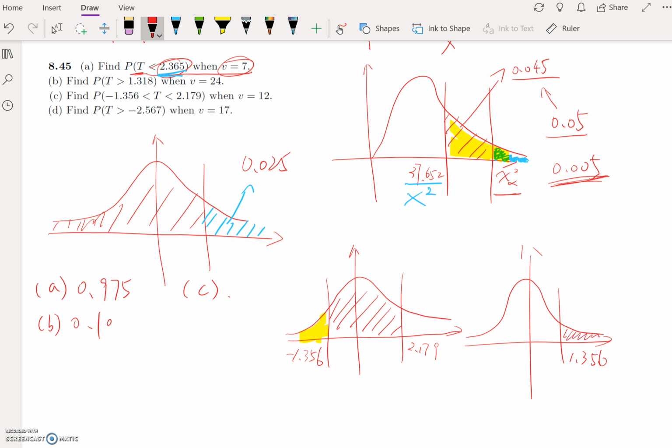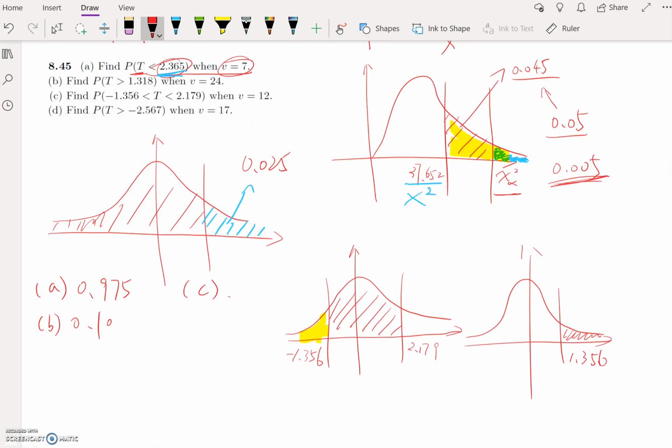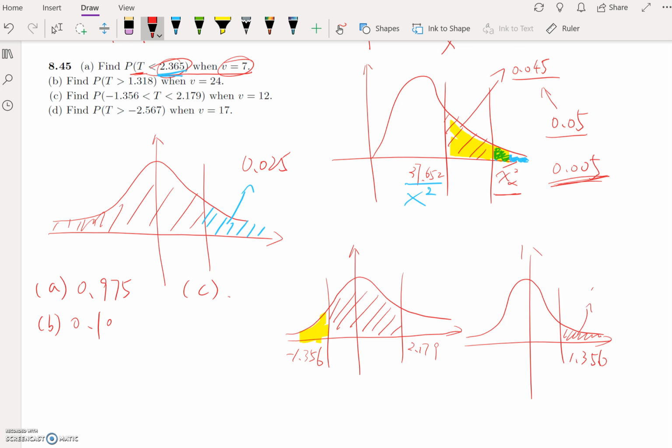So this red part is the same as the yellow part. The degree of freedom is 12, the value is 1.356, so the alpha value should be 0.1. So the red part is 0.1, and this yellow part is also 0.1.